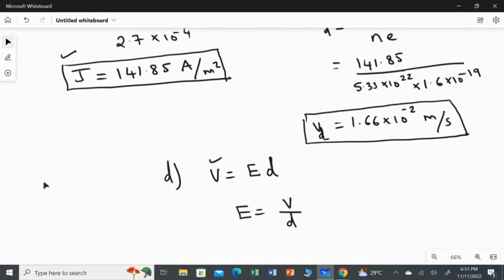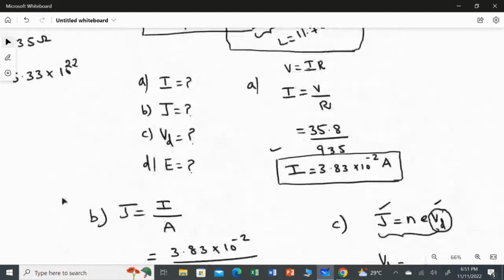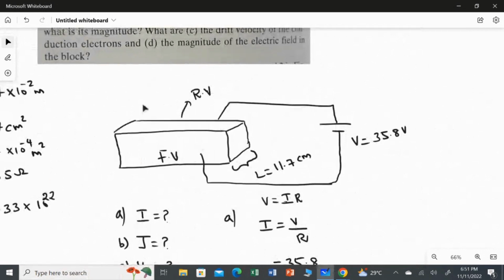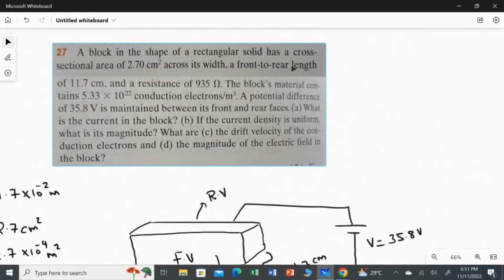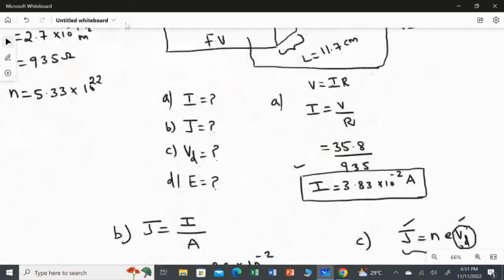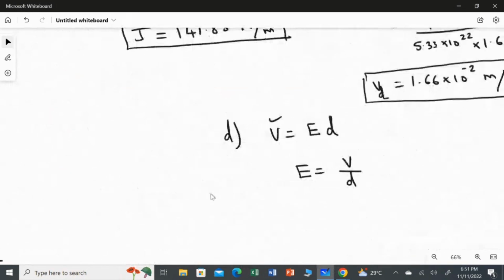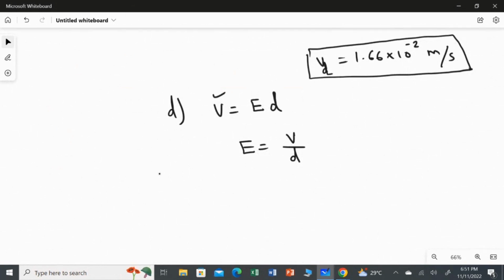Actually here the D is the distance from the front side to the back side, right? Because they already mentioned in the question the front to rear length is our distance, which is 11.7 centimeters. So I'm going to take this D in terms of length. If you take the block, from the front side to the back side, what's the length?